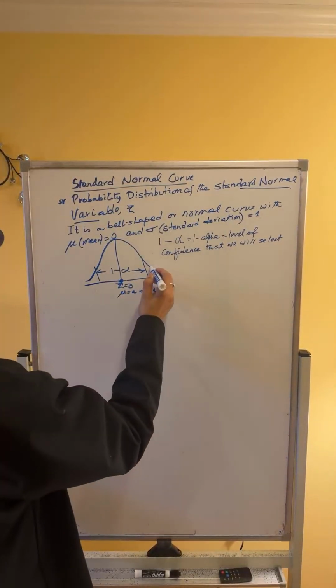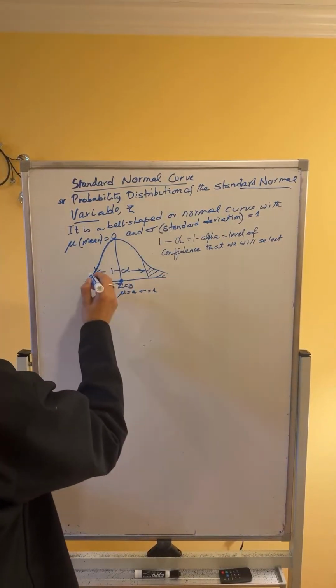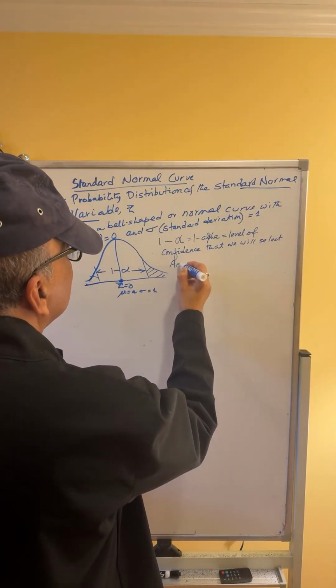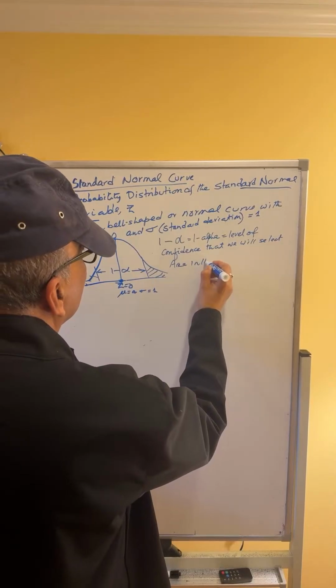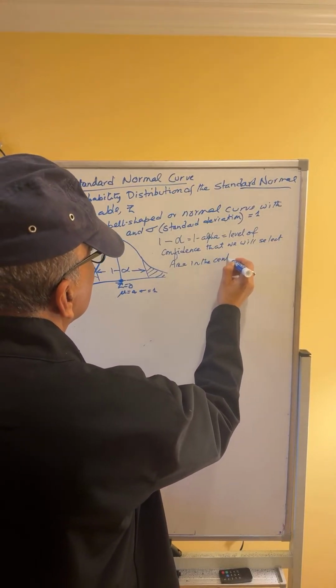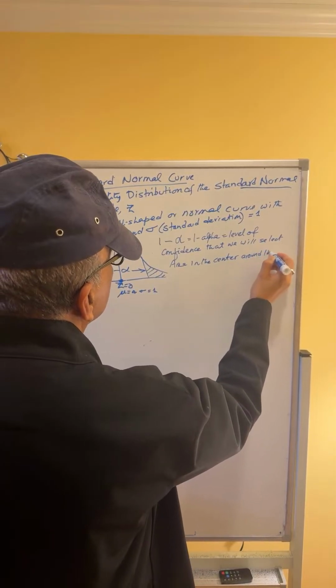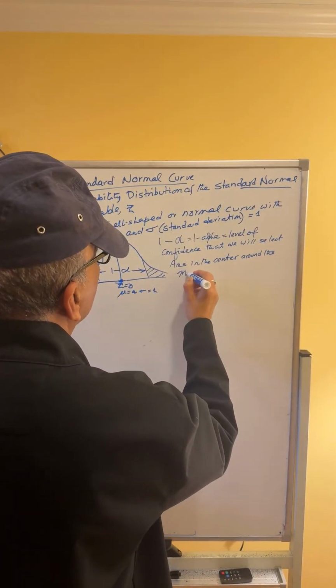So the area in the center around the mean is 1 minus alpha.